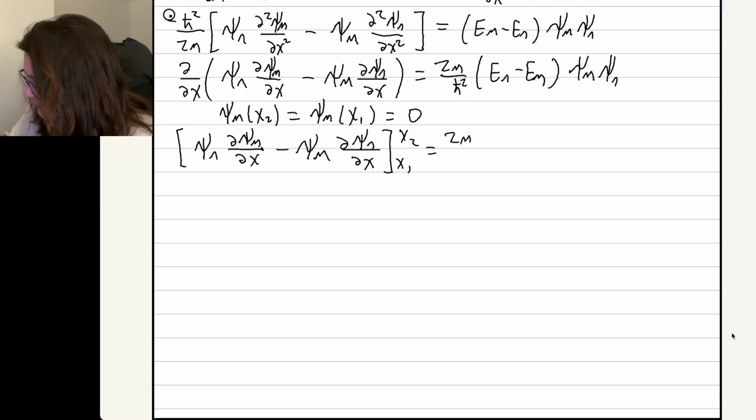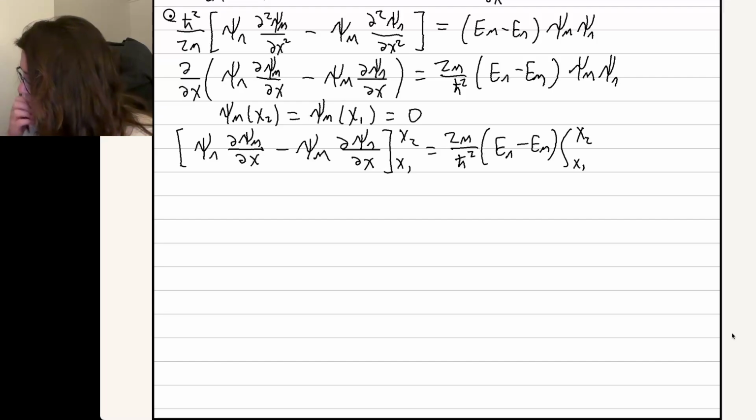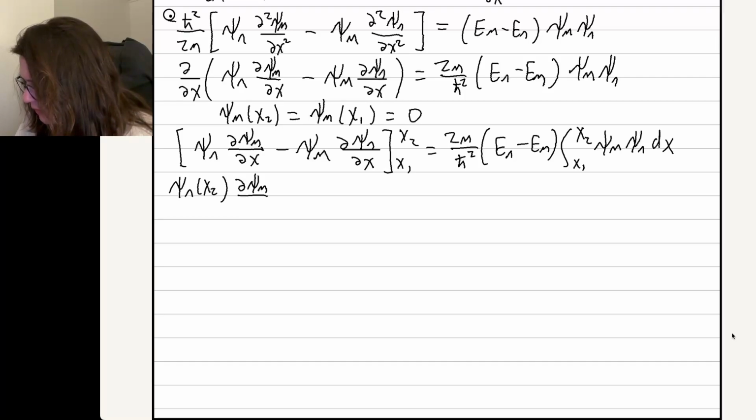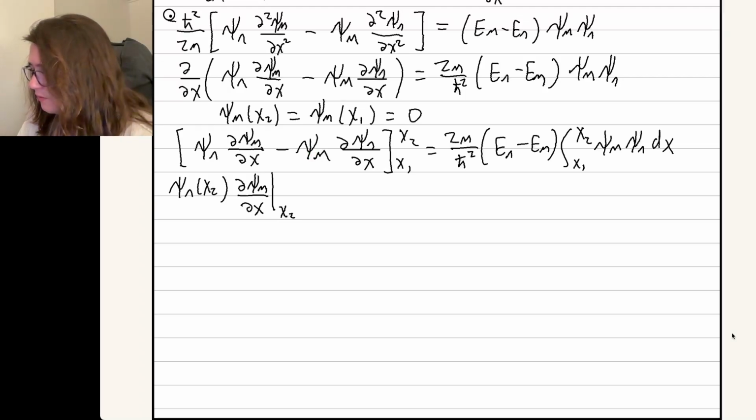On the right-hand side, the only thing which depends on x is the wave functions themselves, so we'll integrate those from x1 to x2, psi m psi n dx. And now we have the right-hand side in the form we want already. We just have to evaluate the endpoints on the left-hand side. So we have psi n at x2 times the derivative of psi m with respect to x evaluated at x2. And if you plug in x2 for psi m in the other term, you're going to get 0 because it's a node, so we ignore that term.